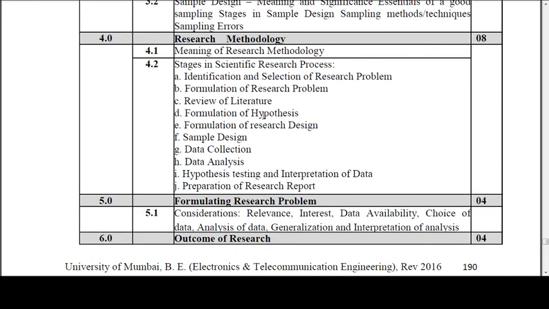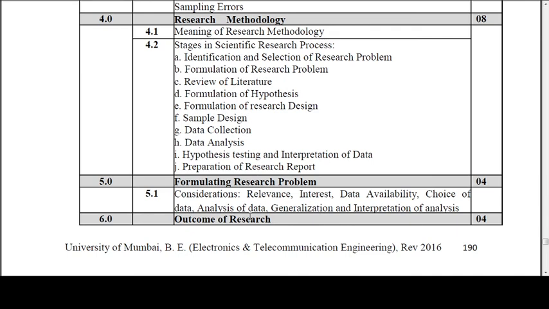Then fifth module, formulating the research problem. What do we mean by formulating a research problem? We can consider formulating a research problem with basic sub-points: consideration, relevance, interest, data availability, choice of data, analysis of the data, generalization and interpretation of the analysis.